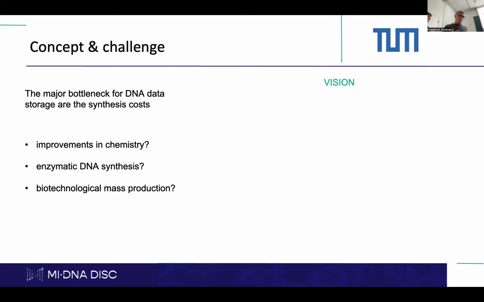Therefore, a vision is to generate a new type of biotechnology that generates a lot of DNA very cheaply. In the same way that microbes are already used for the synthesis of interesting chemicals, they should just produce arbitrary DNA sequences.